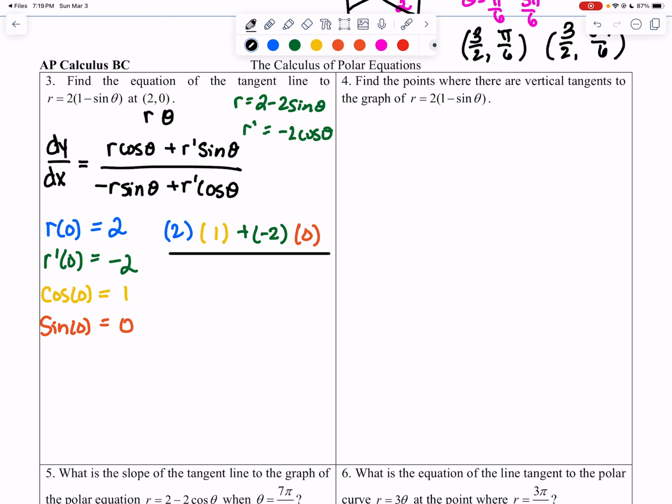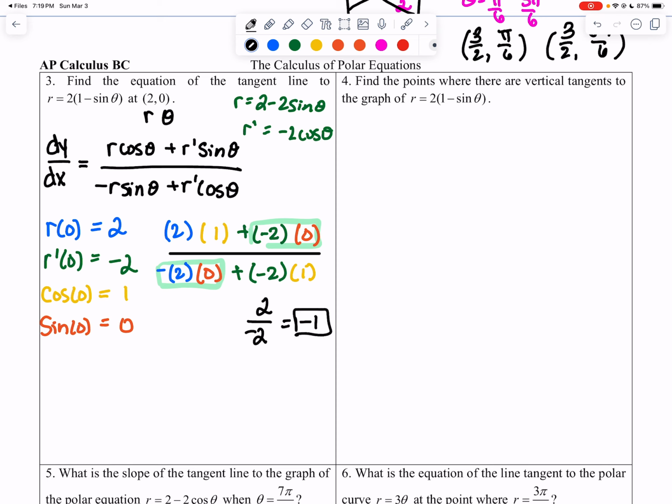All over negative r sine of theta, so negative 2 times sine, which is 0, plus r prime of 0, which is negative 2, times cosine, which is 1. You'll notice that this right here and this right here are going to be 0. So now you're just left with 2 over negative 2, which is going to give us a slope of negative 1.